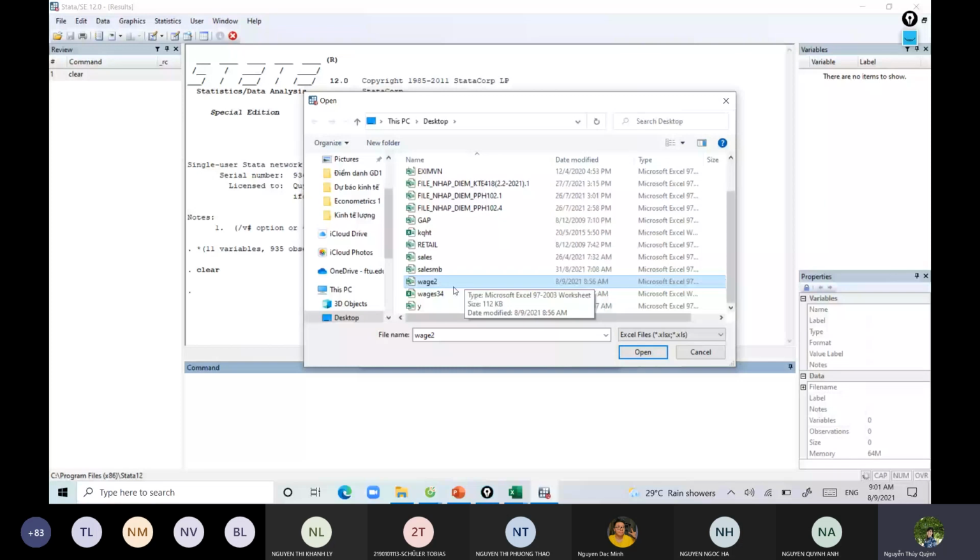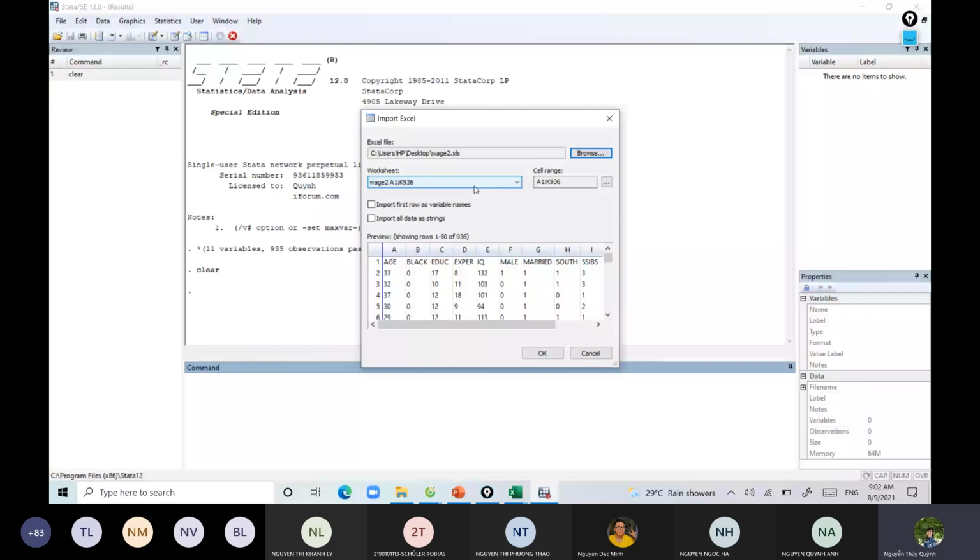Now, if you have different worksheets in the Excel file, you can choose a different worksheet here. You can also choose the cell range that you input the data. For example, I just want to import the first 20 observations here.